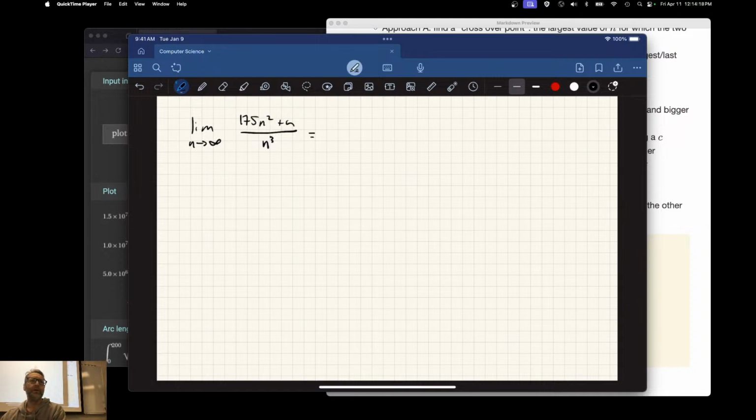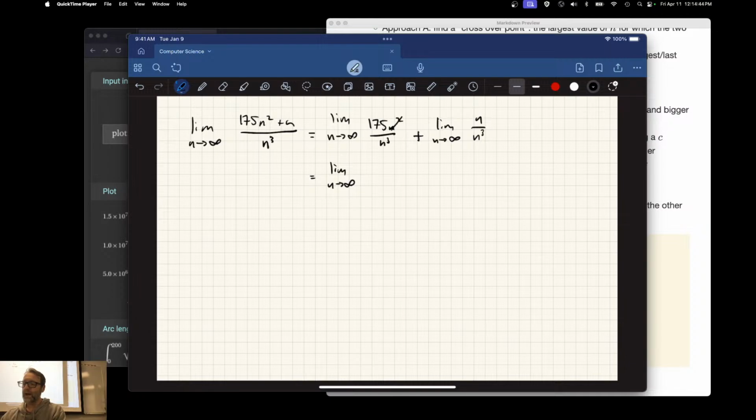Well, first of all, the limit of sums is equal to the sum of limits, as long as they converge. So, the limit as n tends towards infinity of 175n squared all over n cubed, plus the limit as n tends towards infinity of n over n cubed. Okay? What happens in that first limit?